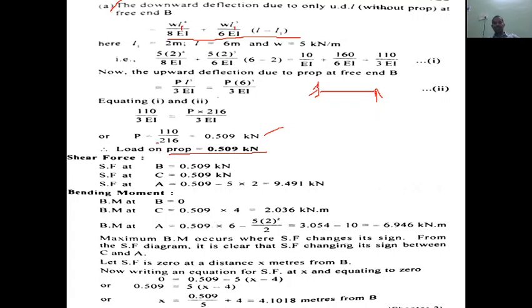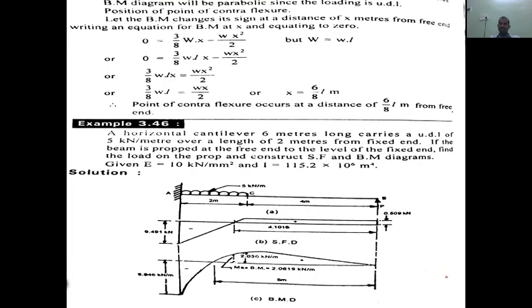So having calculated prop reaction, let us calculate the shear force at various points. To start with, the shear force at B is simply the prop reaction 0.509, and shear force at C also will be the same as that of 0.509 kilonewtons.